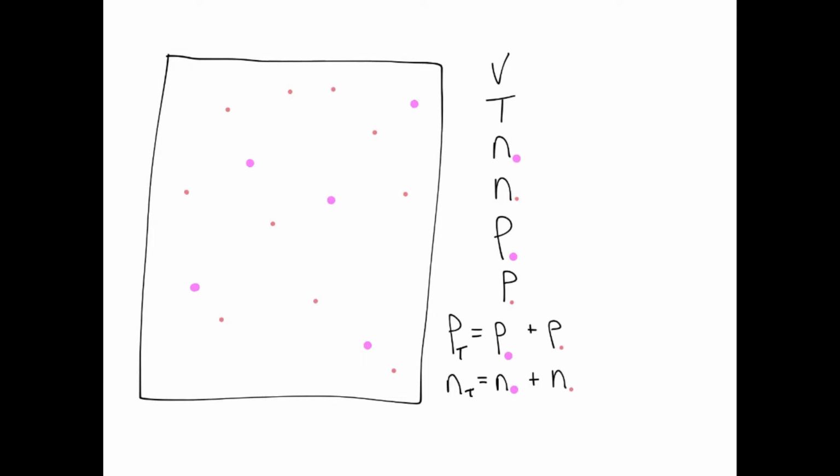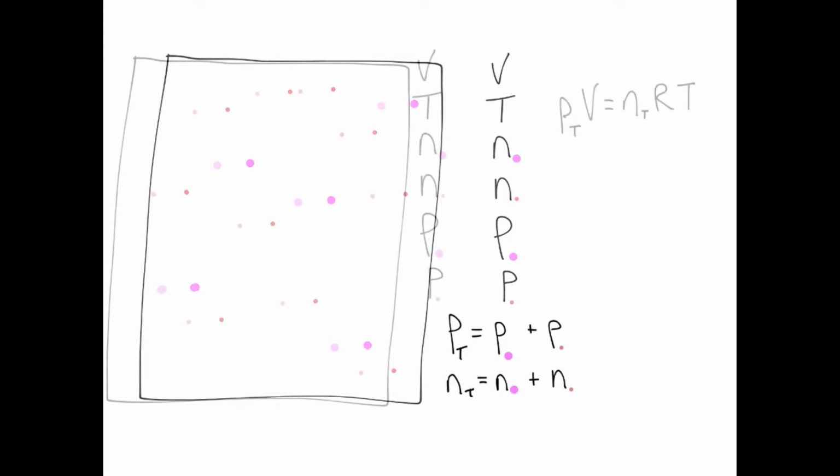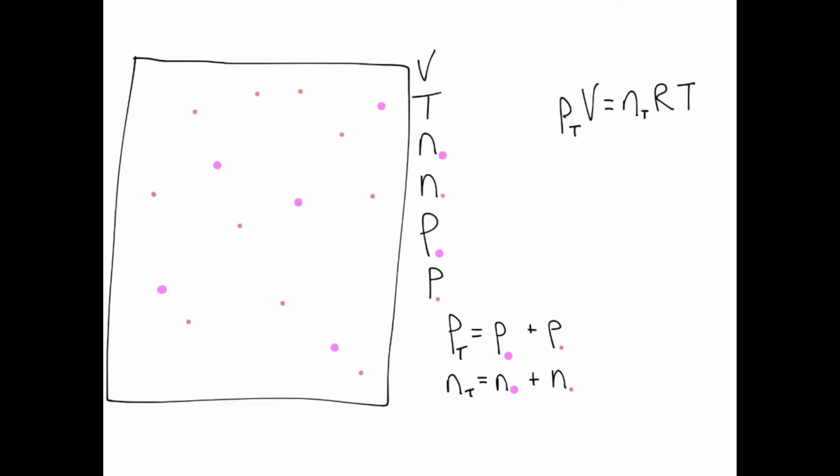I have my ideal gas law that can be expressed in terms of the total pressure and total amount, but I also have my ideal gas laws that can be expressed with respect to each individual component. So this allows me to predict exactly what pressure inside this chamber is due to only these purple particles.